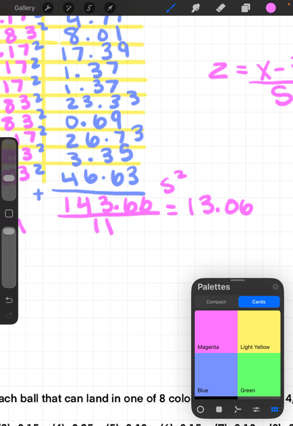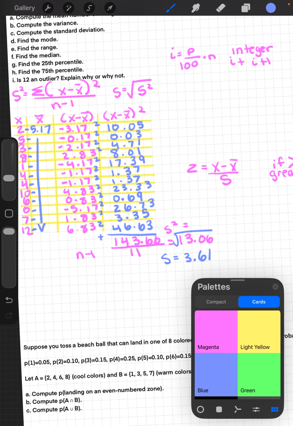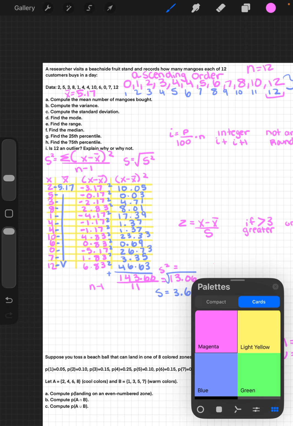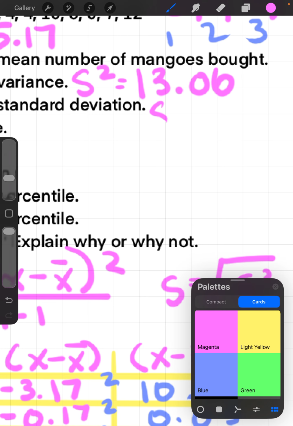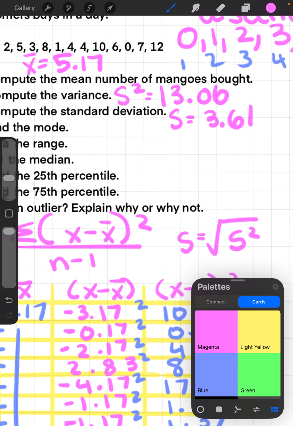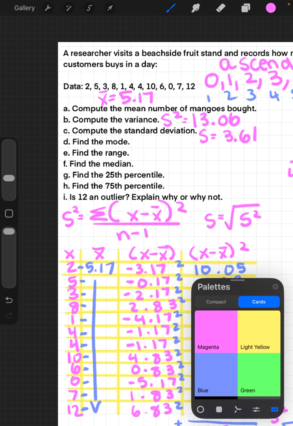And now we're going to square root it. And that would be s is equal to 3.61.